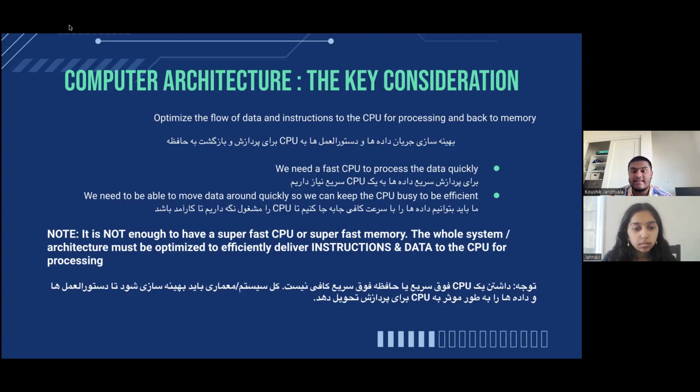We do need a fast CPU, that is true, and we do need to be able to move the data around quickly, but it's not enough to have a super fast CPU or a super fast memory. The whole system or architecture must be designed to optimize instruction and data delivery to the CPU efficiently, because the CPU needs to process the data and send it back.